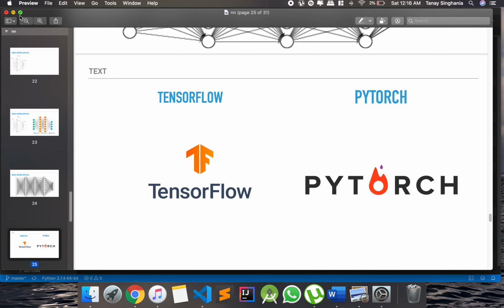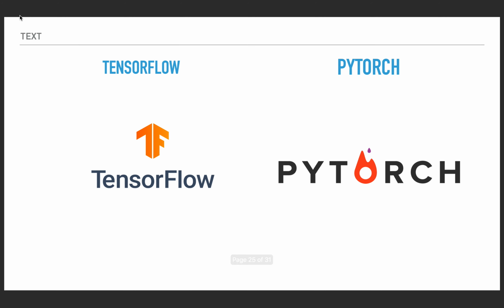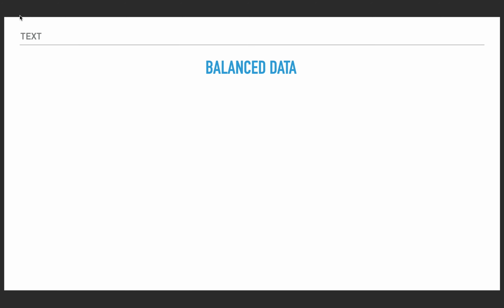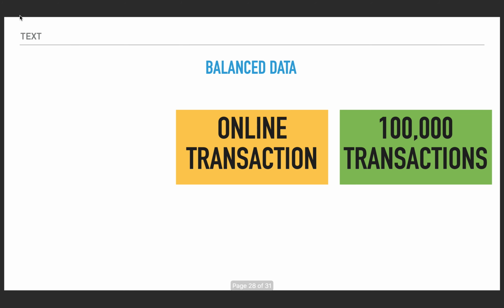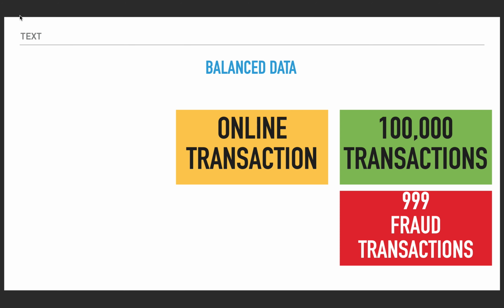Okay. Next, I wanted to talk about balancing of data. Say we have a situation of online transactions where a bank decides if a transaction is considered fraud or not fraud, basically good or not good. So we have around 100,000 transactions, and 1,000 of them are fraud transactions.